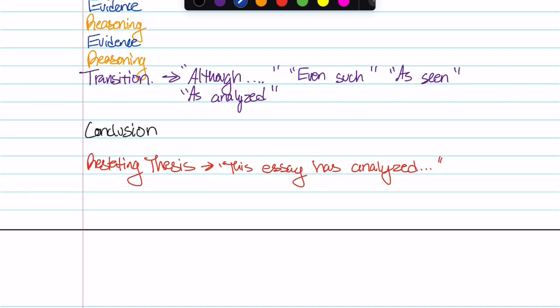You're also going to want to give me next, after that, you're going to restate all main points, or thoughts, or analysis. Those reasoning statements in there, those textual evidence quotes that you have in there.